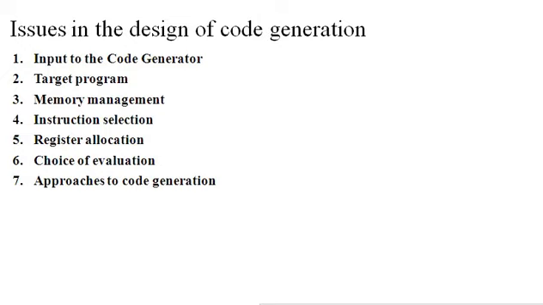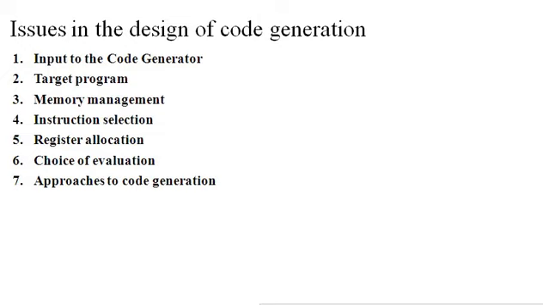Fifth one is register allocation. If the instruction contains register operands, then such a use becomes shorter and faster than using memory. The use of registers is subdivided into two subproblems.